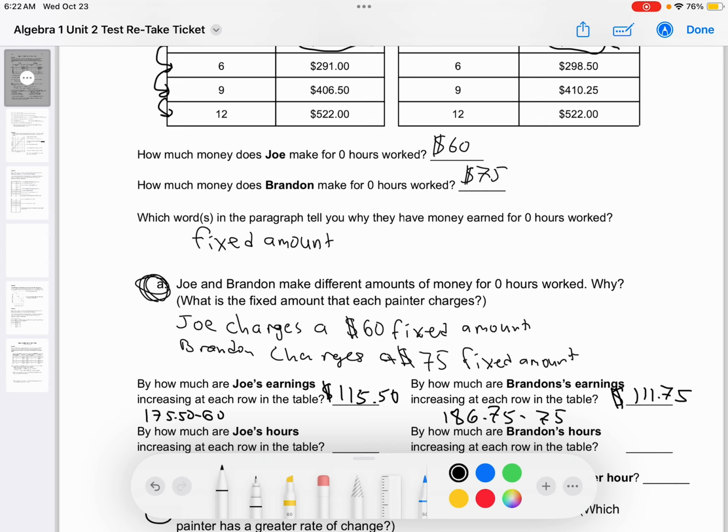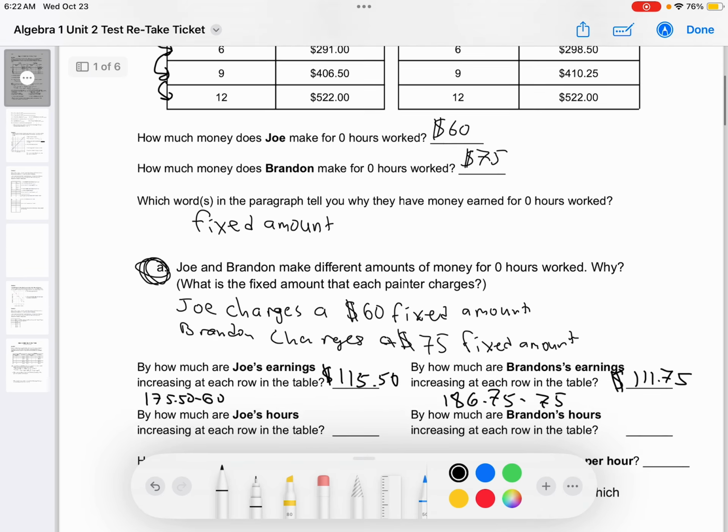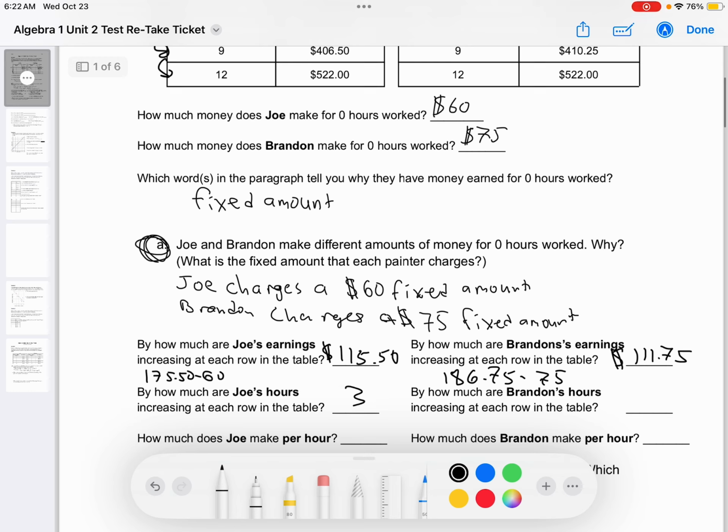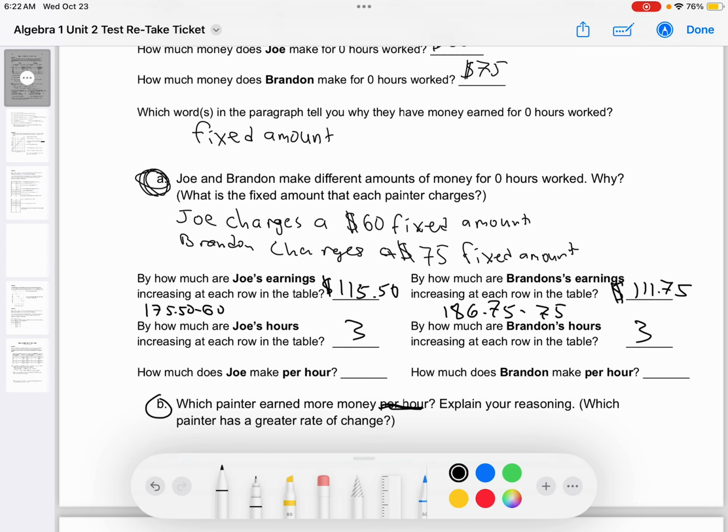But again, this is not going to tell us how much Joe and Brandon earn per hour, because the table is not increasing by 1 hour. It's increasing by 3 hours. So Joe's hours and Brandon's hours are both increasing by 3 hours. So in order to find how much they make per 1 hour, we need to divide how much they're earning by how many hours.